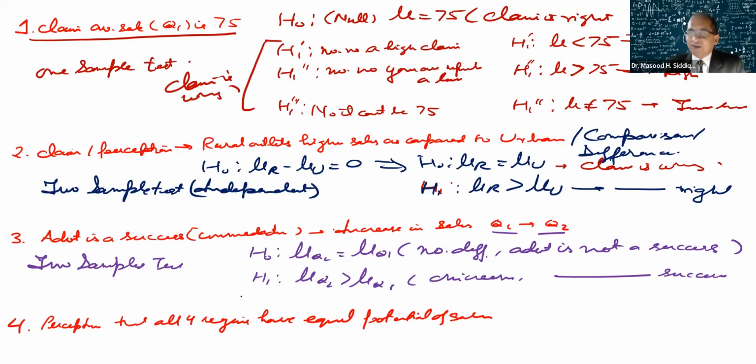For a better comparison, we should be comparing outlet 1 pre-position, outlet 1 post-position, outlet 5 pre-position, and outlet 5 post-position. So here we are selecting only one outlet and taking a pre-observation in the form of Q1 and a post-observation in the form of Q2.